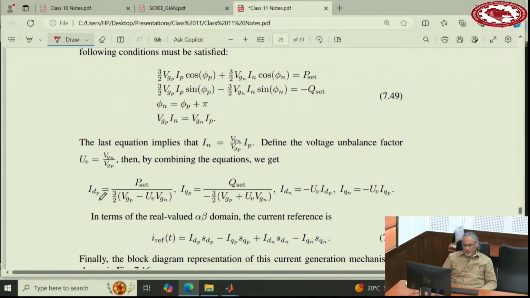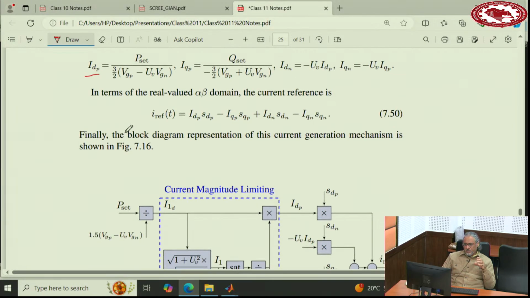So you choose IDP equal to this, IQP equal to this one, IDN equal to this one. This satisfies the real power set point, this satisfies the reactive power set point, and these two together satisfy that the pulsations from the real power are removed. So your real power becomes smooth and constant. And then finally, your reference is this one.